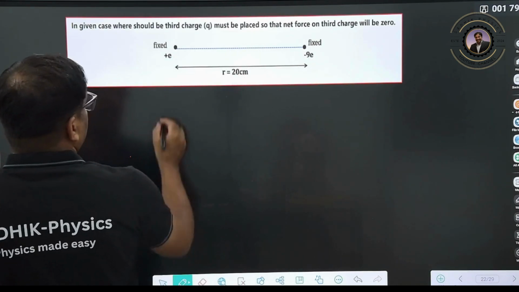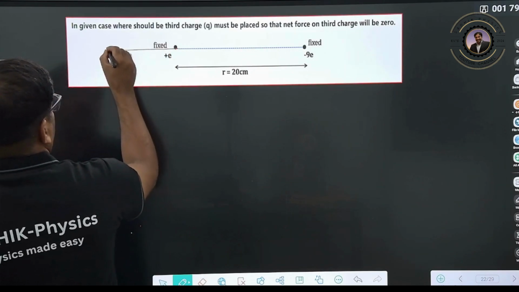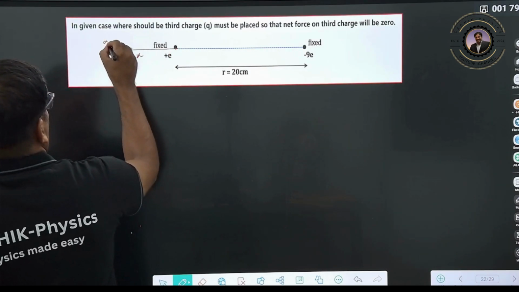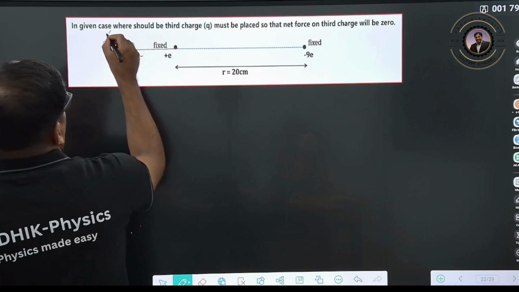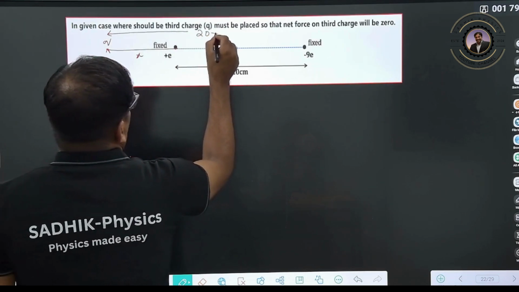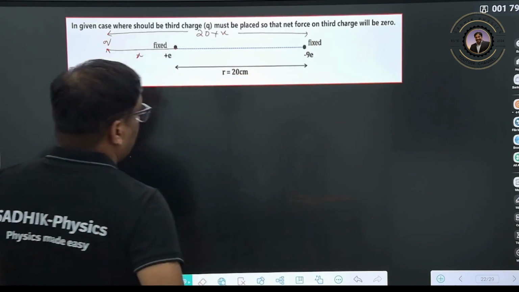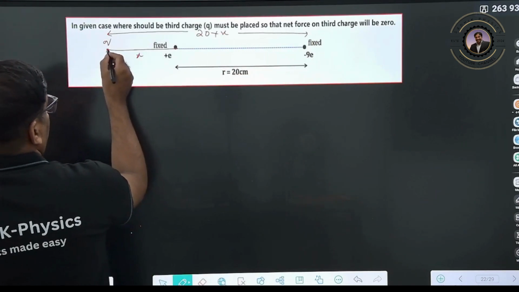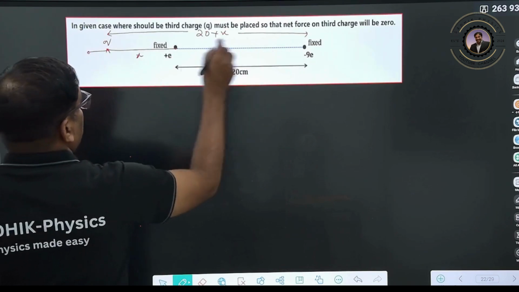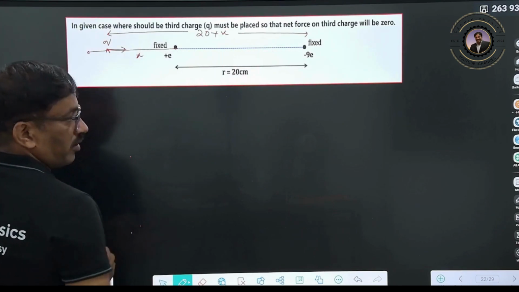So where do you have to place it now? Here you have to place it, that is x, q. So this is x, therefore this distance will be equal to 20 plus x. Clear? This is positive, repulsion, no? This is positive and negative, attraction. Clear?